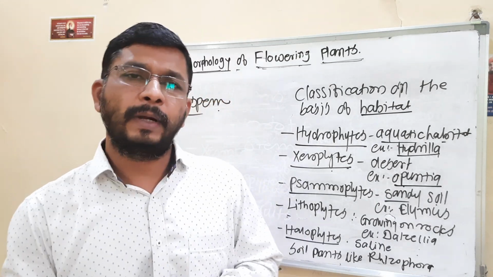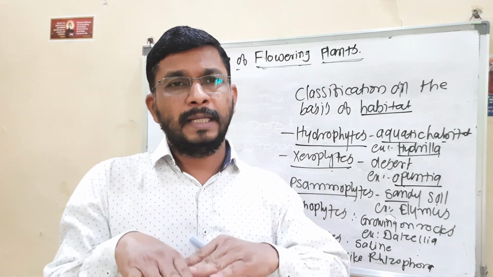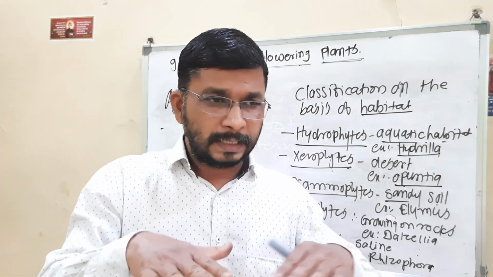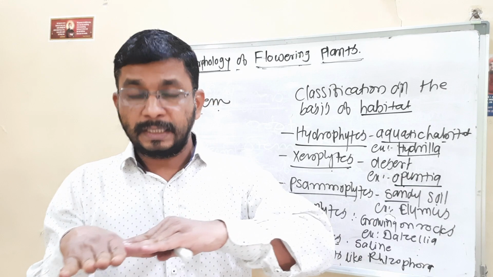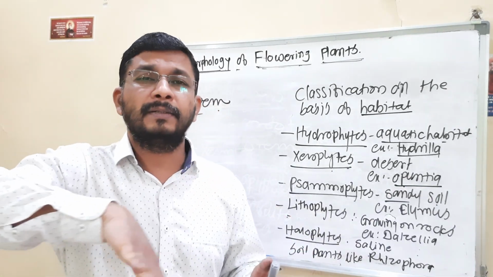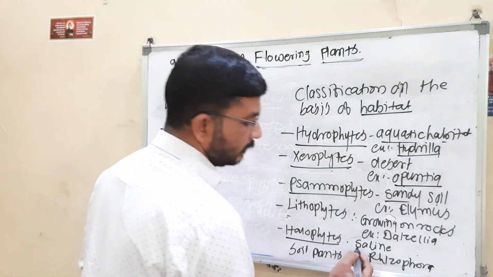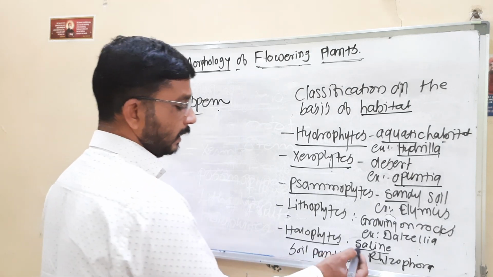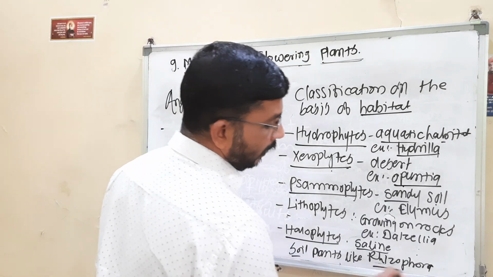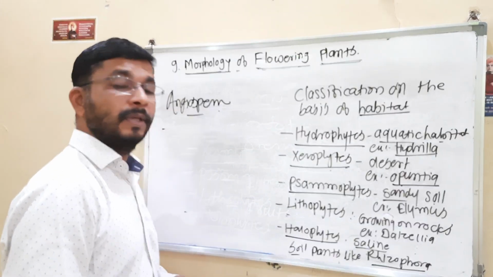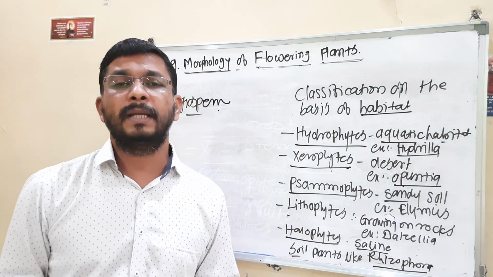It is the region of forest where the river and the sea join, and the soil there becomes somewhat saline. Plants like Rhizophora are found there. This is all the classification on the basis of habitat.